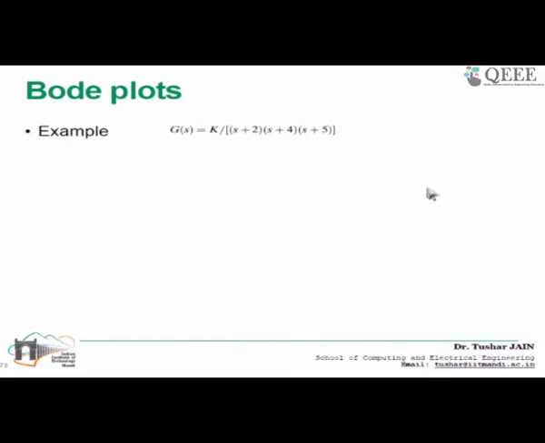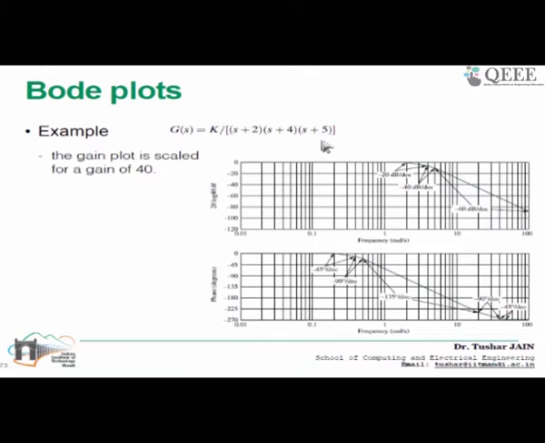So let's see, I have this one example where the G of S is given by this and my K is unknown to me. What I know here is the location of the poles only. Generally, all the parameters in this transfer function are known to you, otherwise you cannot plot the Bode plot.